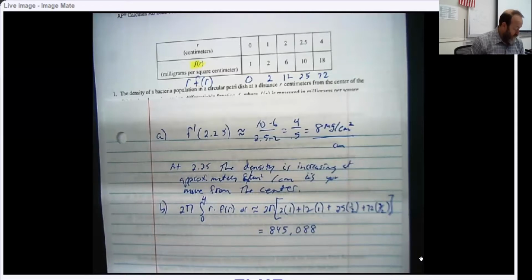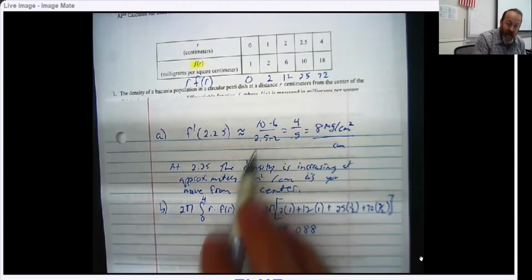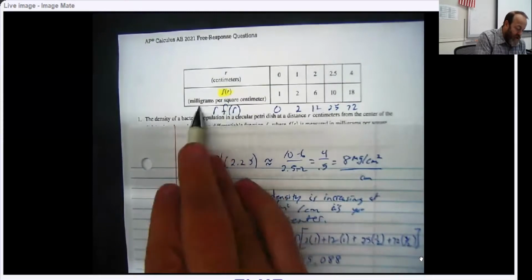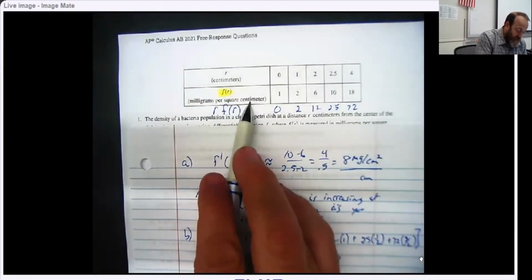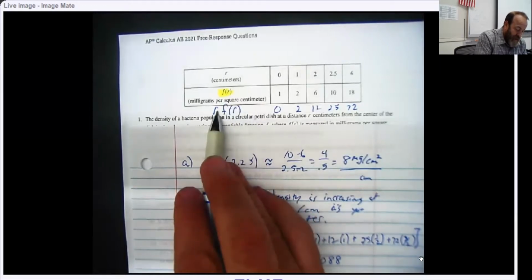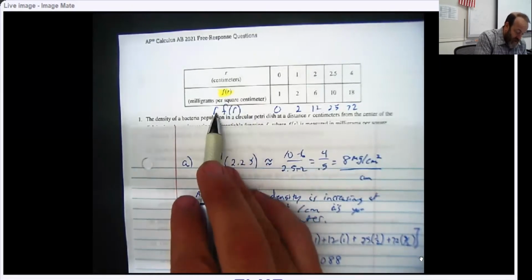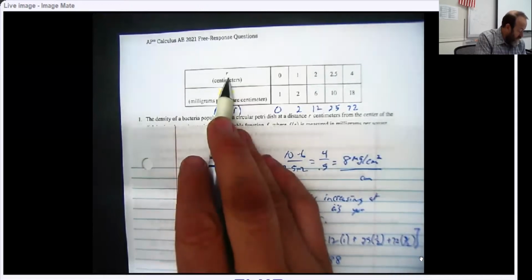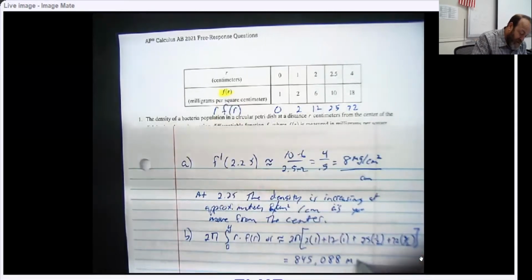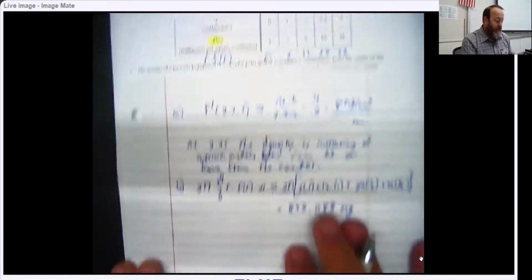So what's a little strange about that is if you track it, this was milligrams per square centimeter, multiplied by centimeters, and then multiplied by centimeters again. It turns out this just becomes milligrams.